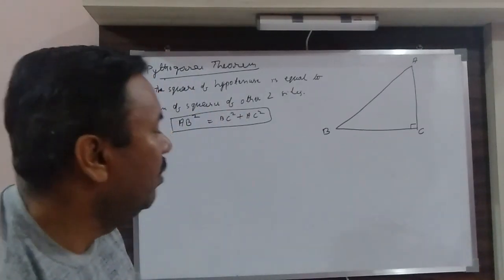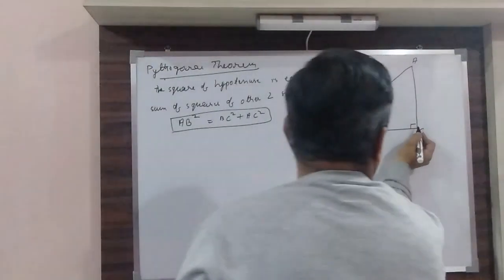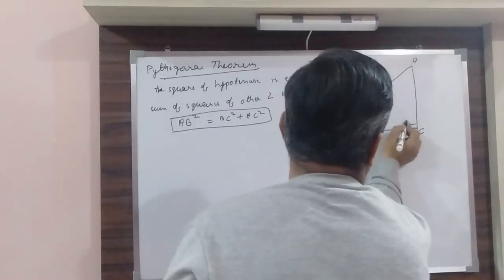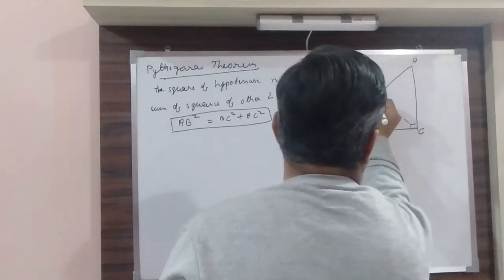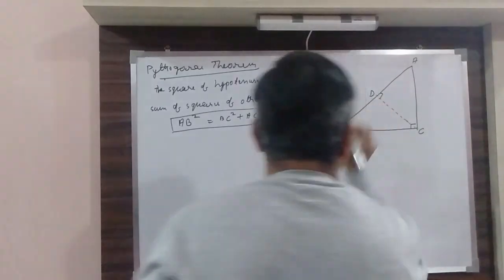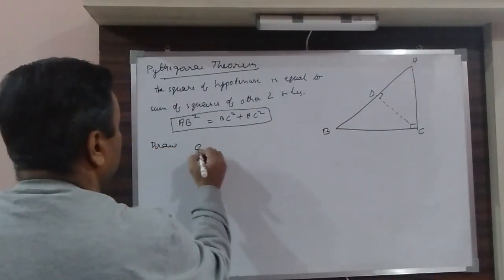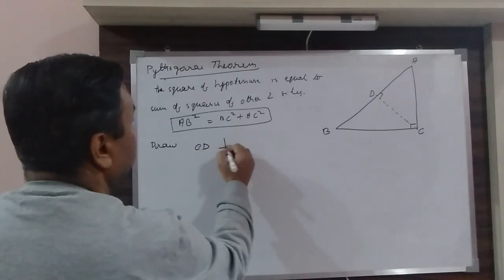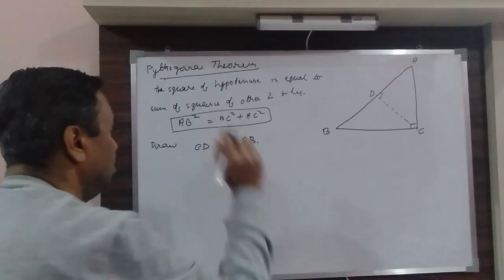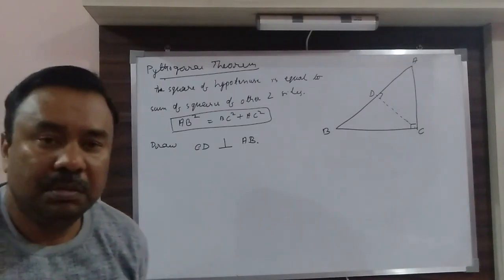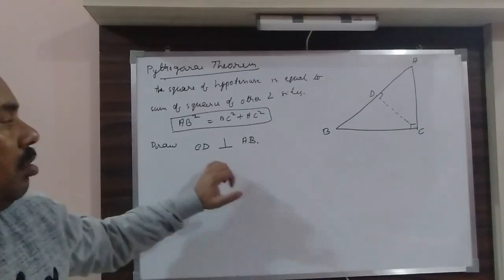For this, I will draw one line perpendicular to AB, take CD. Draw CD perpendicular to AB. Okay. CD is perpendicular to AB.